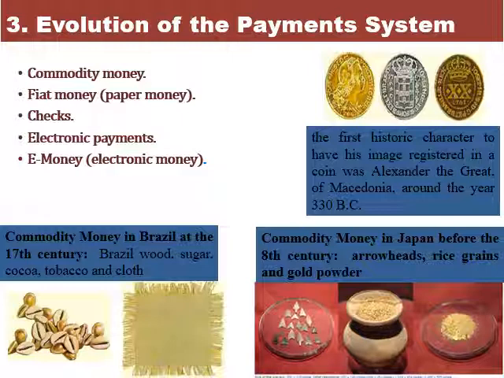So to achieve this general acceptance by people living in the society, many societies used precious metals such as gold and silver as money since they are accepted by everyone, and also they are valuable and could be easily standardized and could be divided into change, as we have explained last week. Here, the first historic character to have his image registered on a coin was Alexander the Great around the year 330 before Christ.